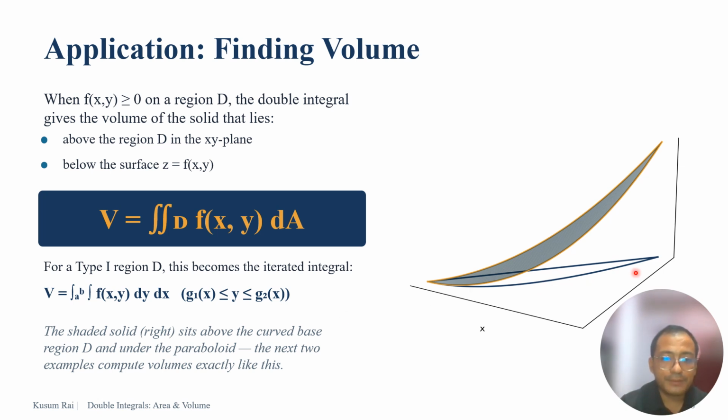The shaded solid sits above the base region D and under the paraboloid. The next two examples compute the volume exactly like this.